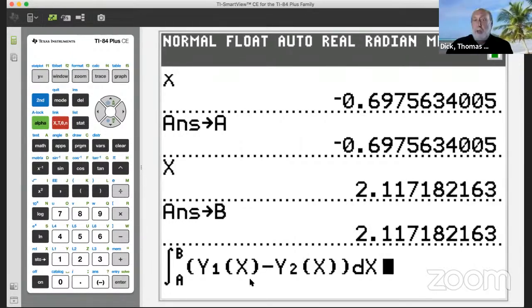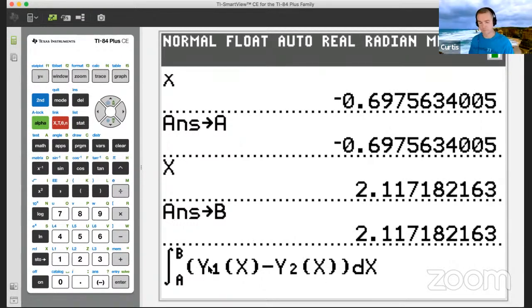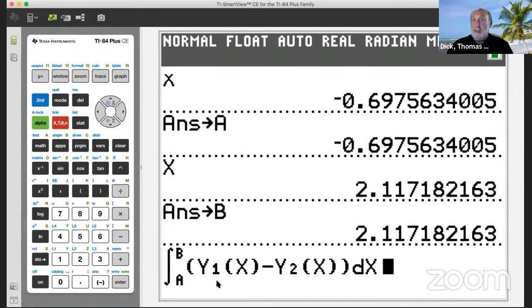And now, by the way, because I've got them in the calculator stored as Y1 and Y2, the 2 curves, notice I don't have to retype in their formulas either. I can just refer to them as Y1 and Y2. On the test, because these were named as f of x and g of x, by the same token, you could present on the test literally the integral from a to b, f of x minus g of x dx.